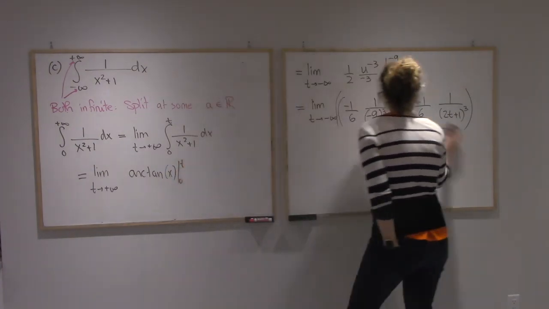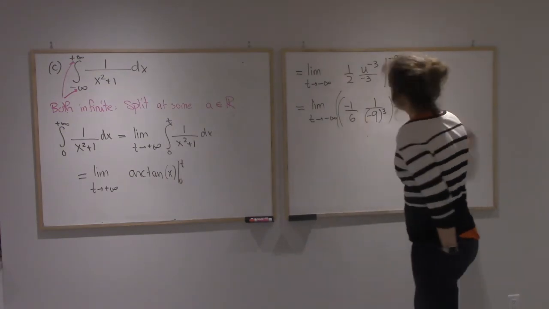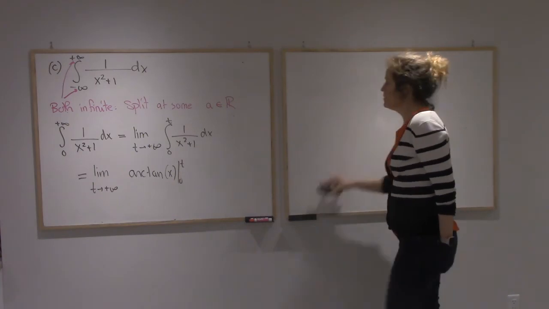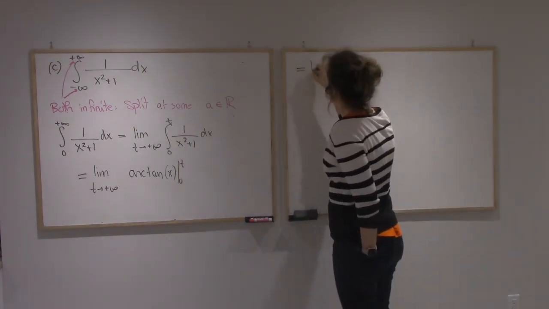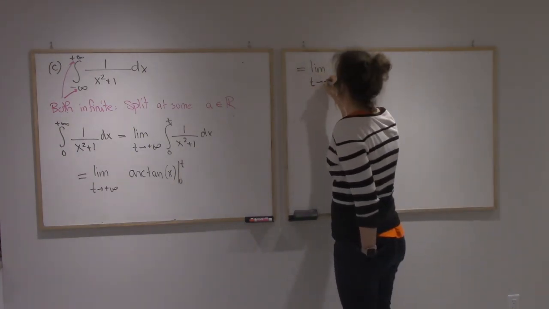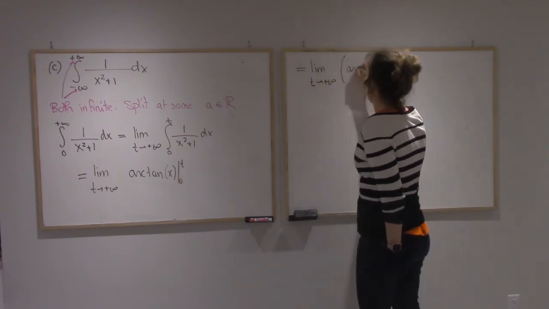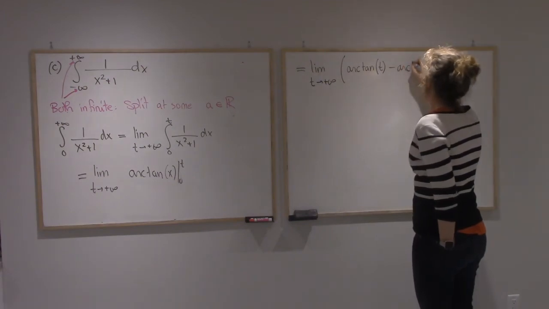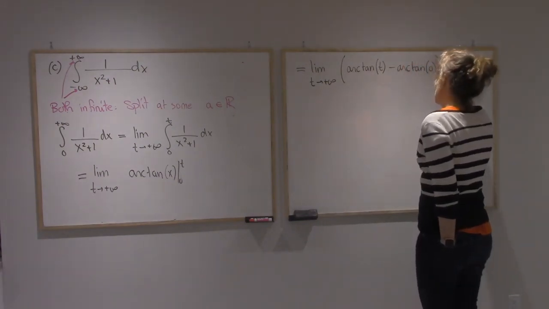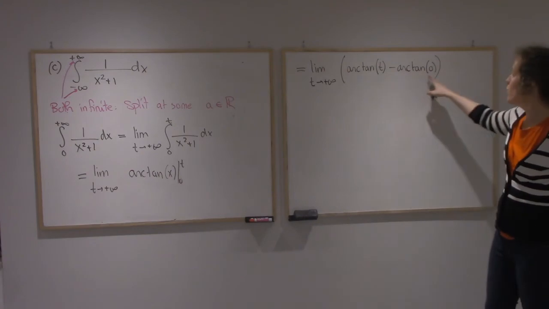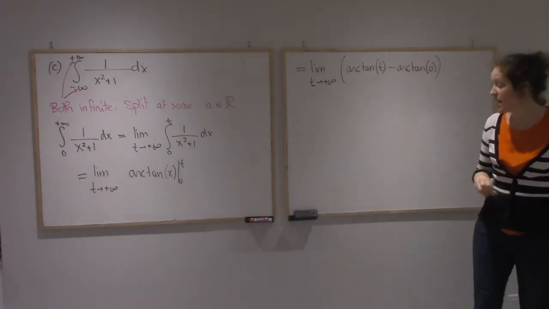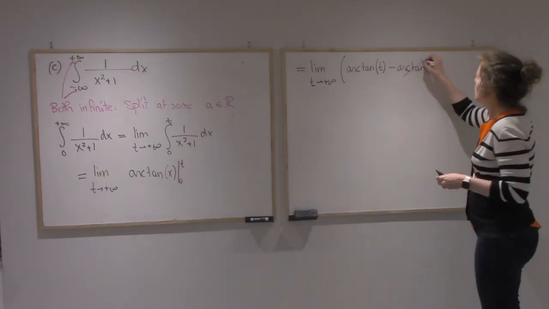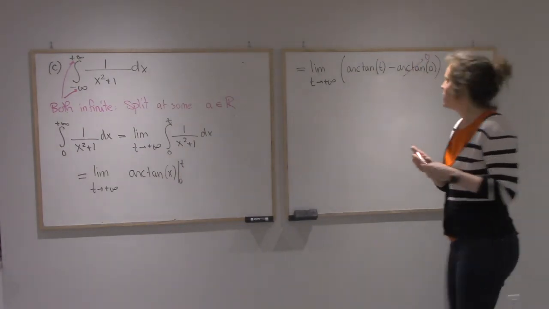And then I'm going to plug in the top bound first, subtract what I get by plugging in the bottom bound. Now this is the moment where choosing 0 is nice because you can actually evaluate that. Otherwise you'll be left with some arctan that you cannot evaluate.